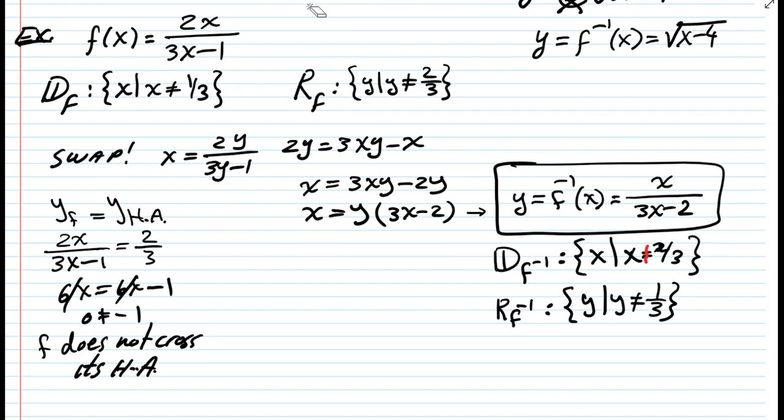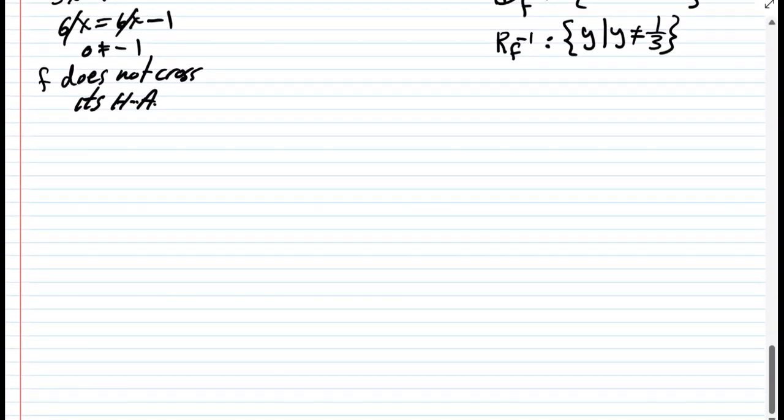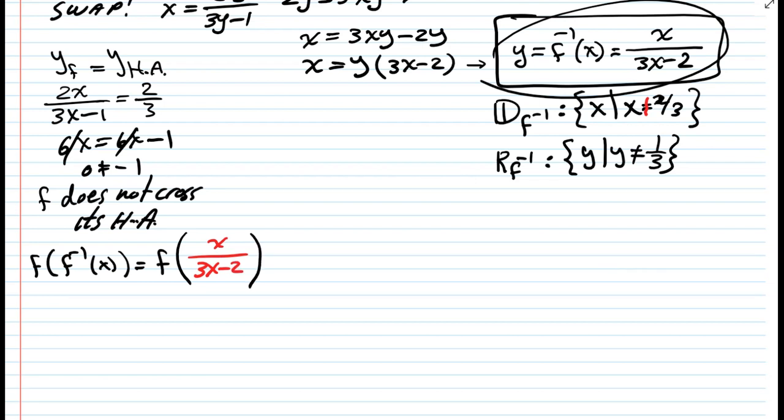All right, so we got the domain and range. Now let's show that f of f inverse of x is x. That means f evaluated at the inverse. The inverse, I have it in here. That would be x over 3x minus 2. All right, that's what the inverse is.